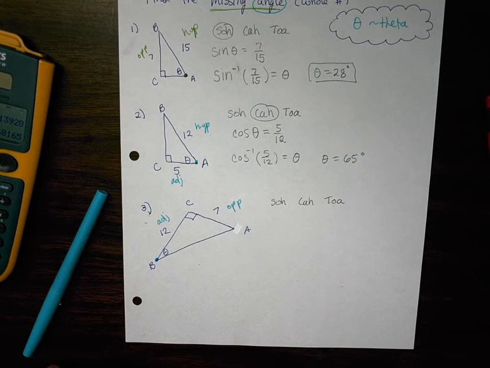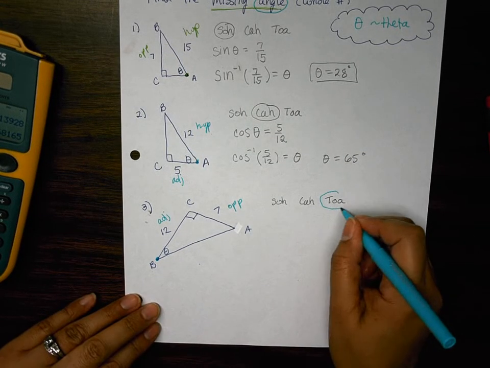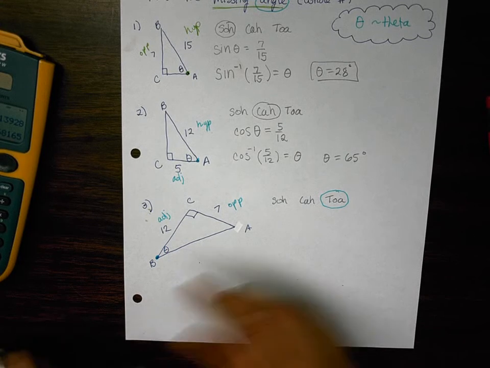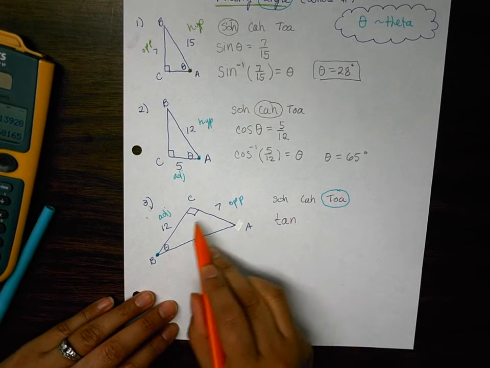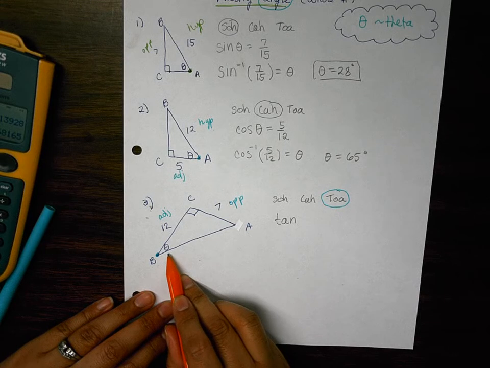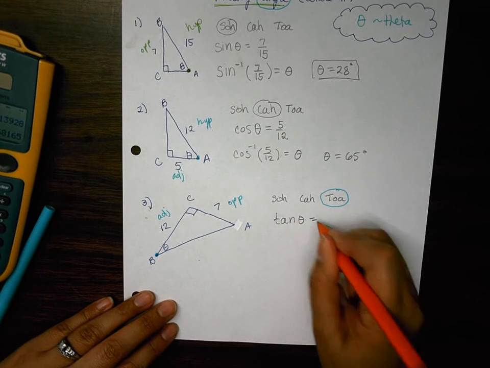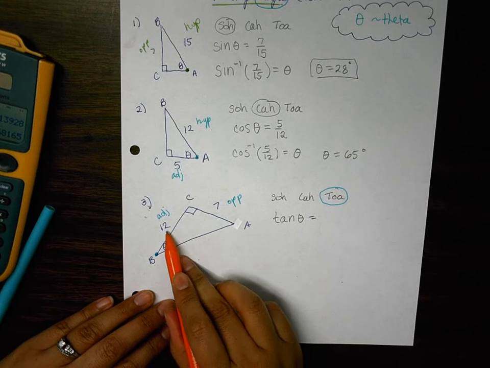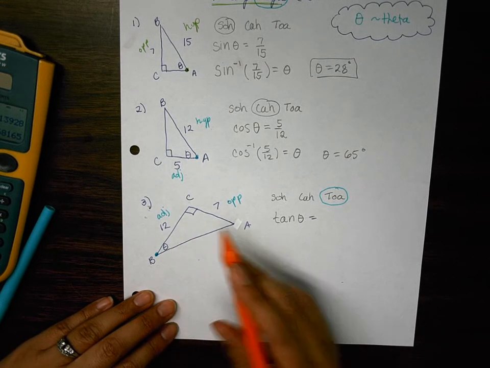SOHCAHTOA. Which one is opposite and adjacent, or opposite over adjacent? TOA. So which trig function am I going to use? Sine, cosine, or tangent? Tangent of an angle, theta, equals 12 over 7 or 7 over 12?